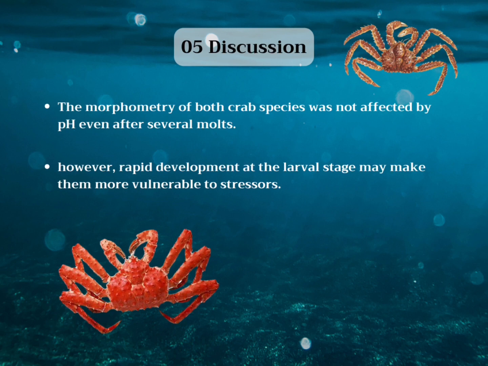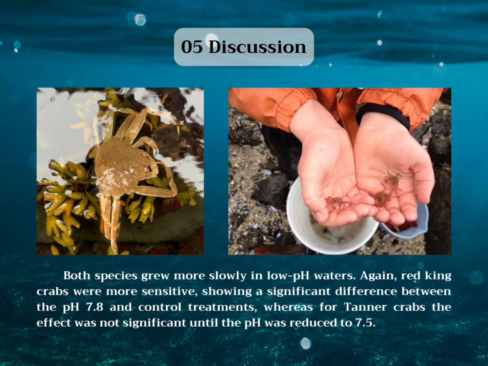The red king crab embryo and larvae do exhibit slight differences in morphology when exposed to low pH, but the major difference is the depth. Embryo and larval health at low pH are slightly larger than those held in control water. Next, both species grow more slowly in low pH water.